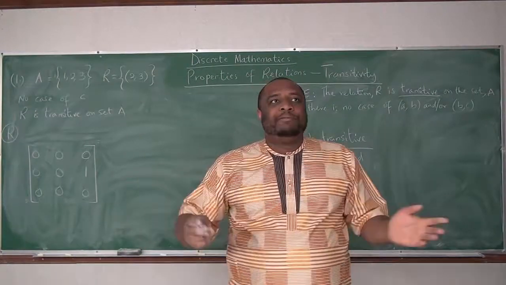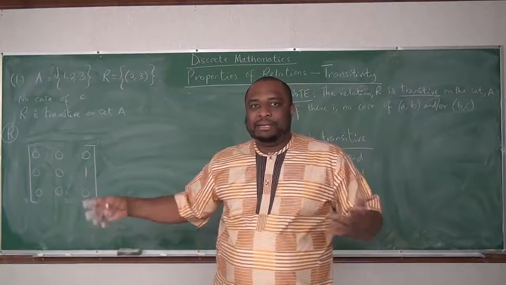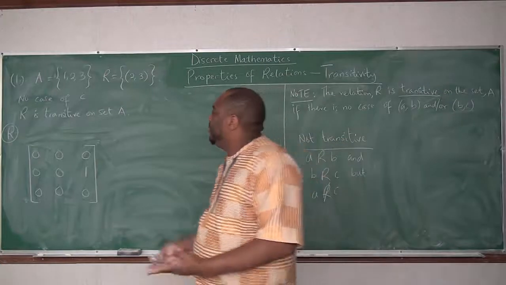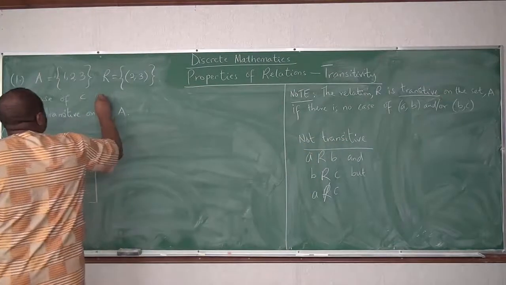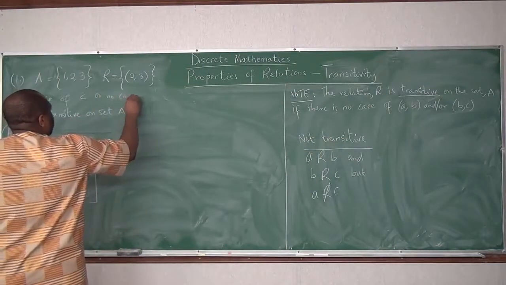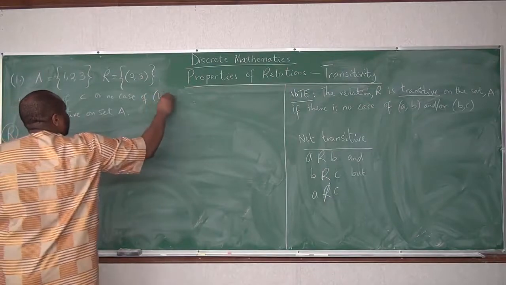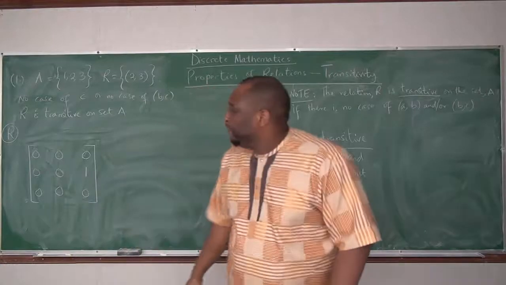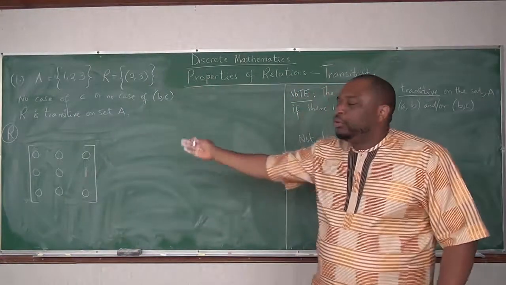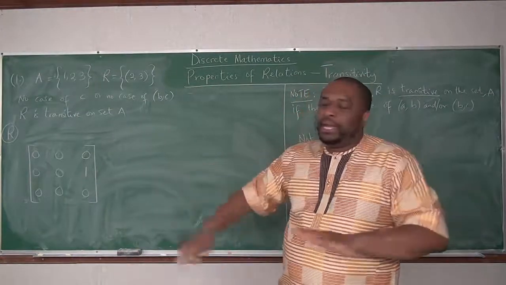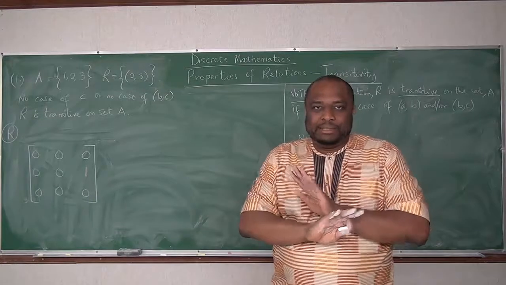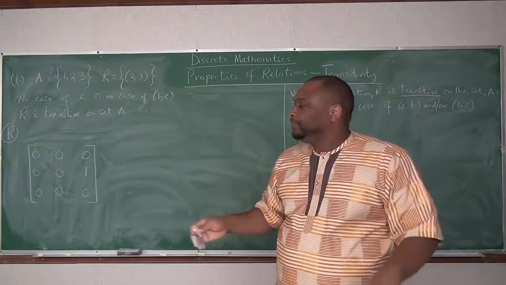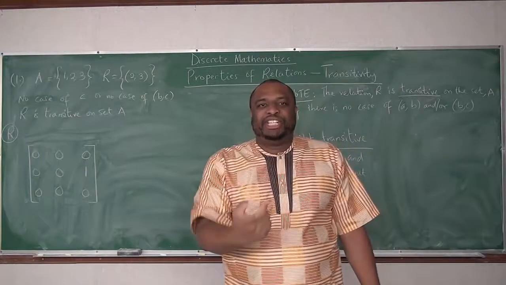We don't even have the other case, like (b, c). No case of c, or you can also say no case of (b, c). We only have a case of a and b. So you could just look at this matrix right away and say it is transitive. You can just do inspection.